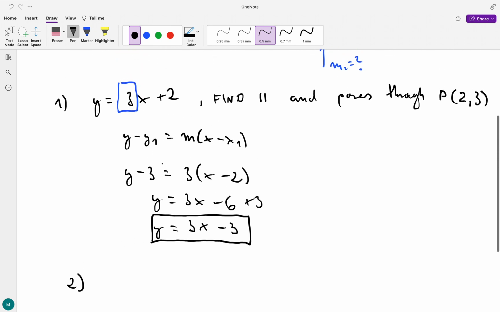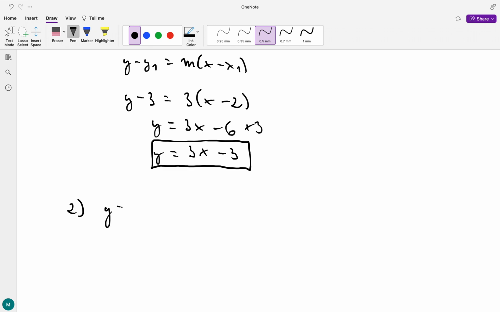So let's consider the same case. Let's consider y equals 3x plus 2.